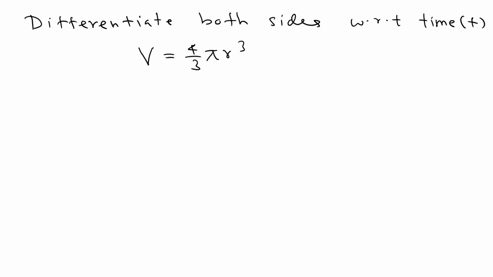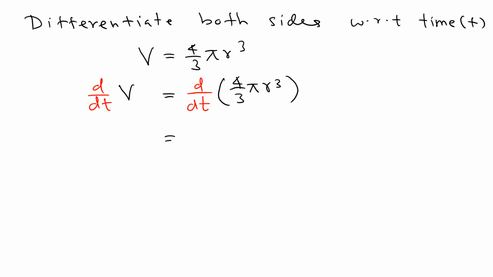So what we can do is get the derivative with respect to time. You can see that time is not a variable here. So we can take the derivative with respect to time of V on this side. On the other side, we take the derivative again with respect to time of the quantity given, which is 4/3 pi r cubed.